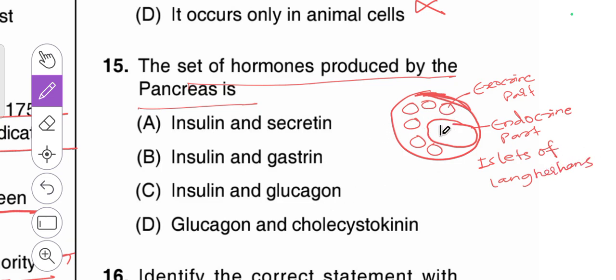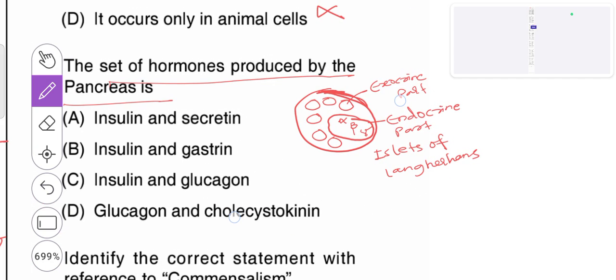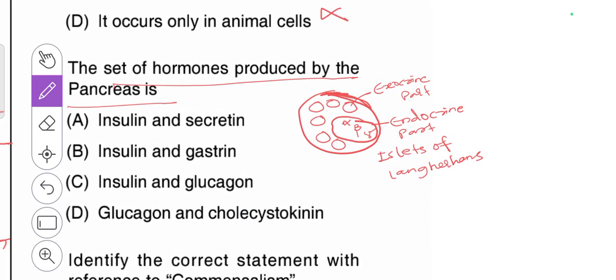In these islets of Langerhans, you come across alpha cells, beta cells, and gamma cells. The alpha cell is responsible for the production of glucagon hormone, whereas beta cells are responsible for the production of insulin, and the gamma cell is responsible for the production of somatostatin.